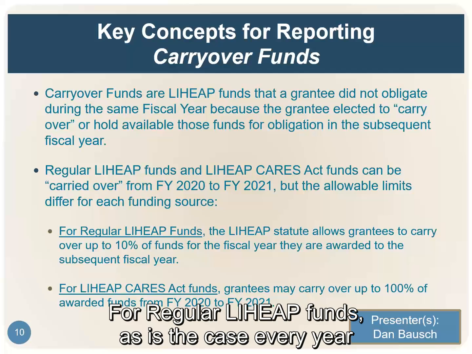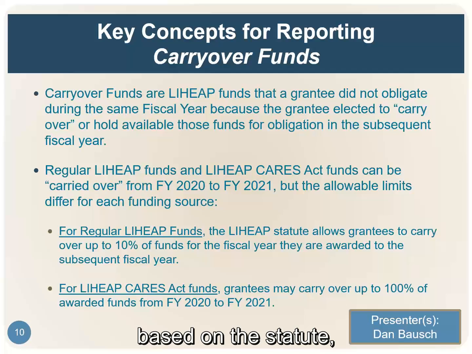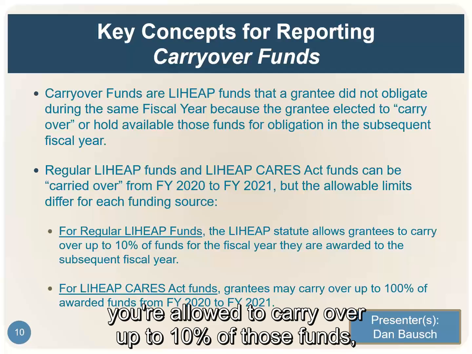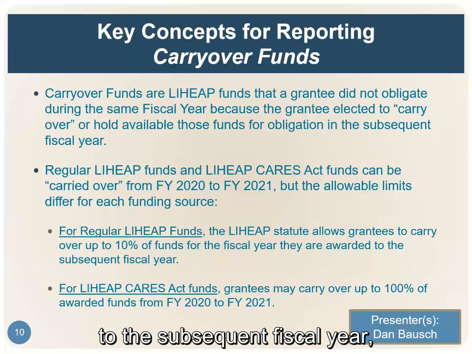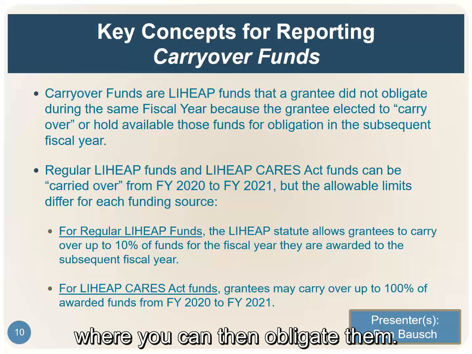For regular LIHEAP funds, as is the case every year based on the statute, you're allowed to carry over up to 10% of those funds from the fiscal year you were awarded them to the subsequent fiscal year, where you can then obligate them.